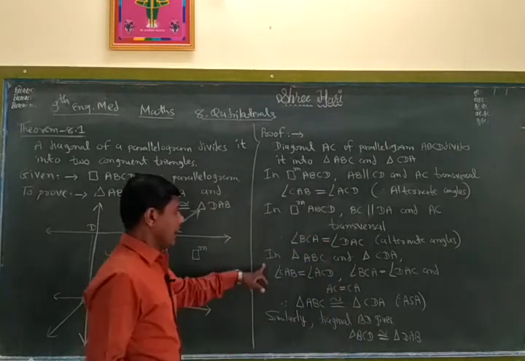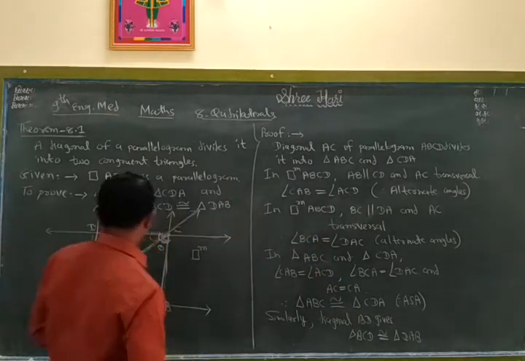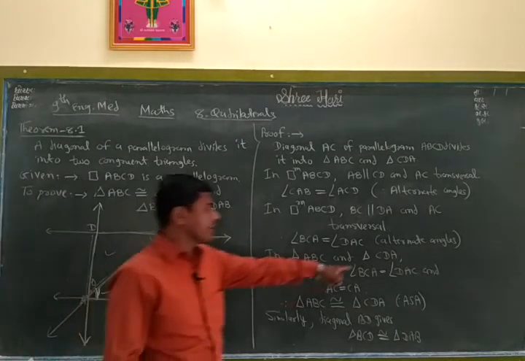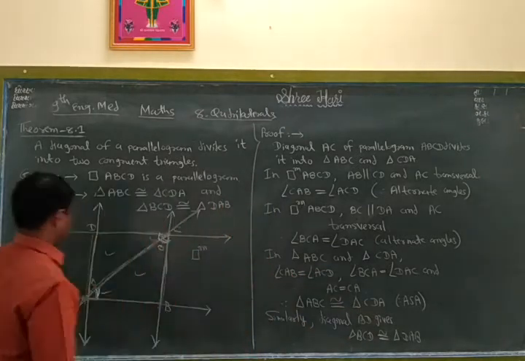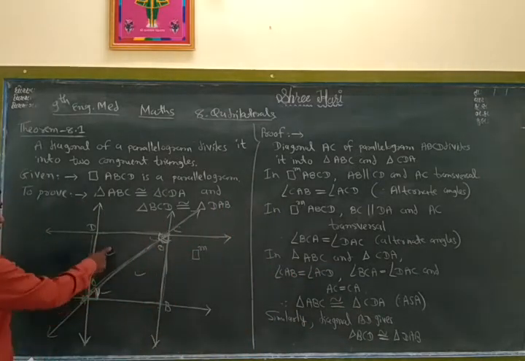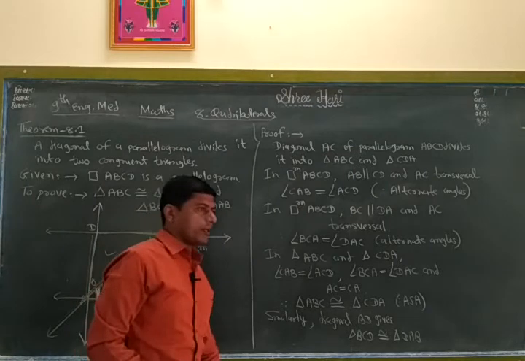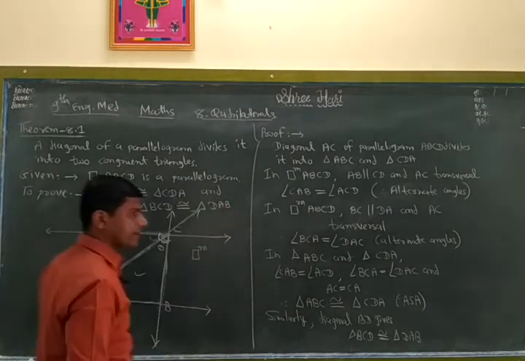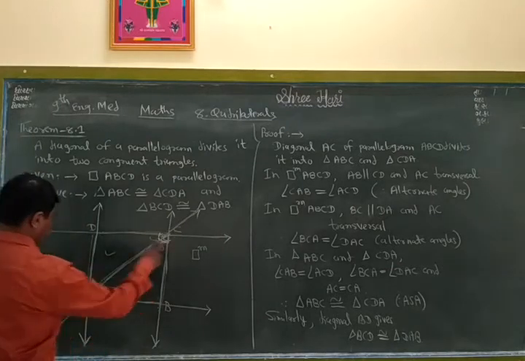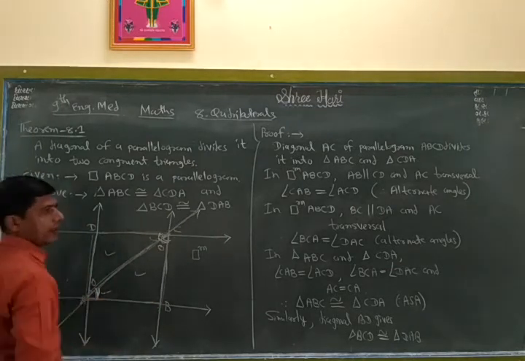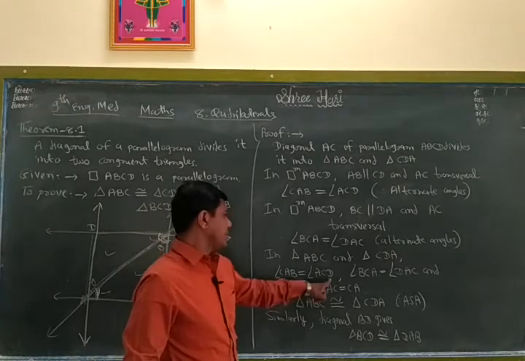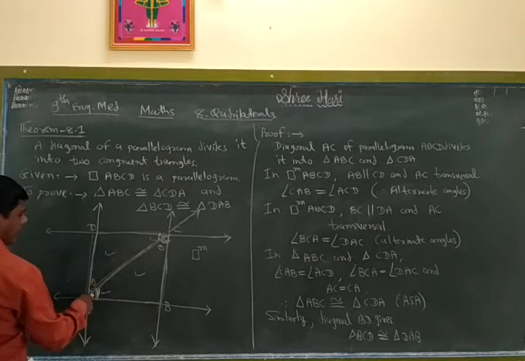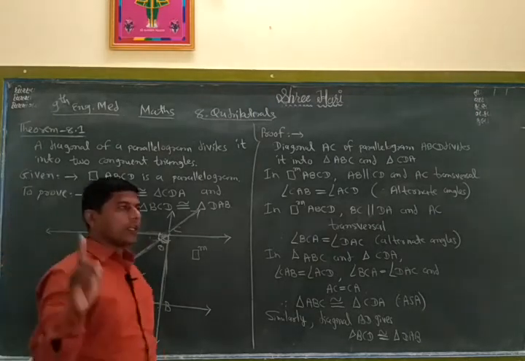So in triangle ABC and triangle CDA, what happened here? Angle CAB and angle ACD are congruent because they are alternate angles.